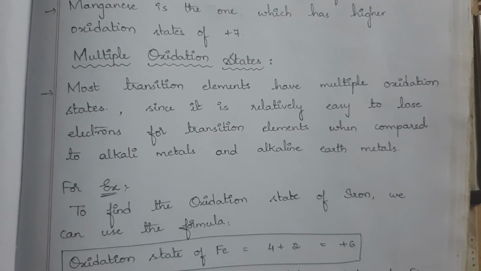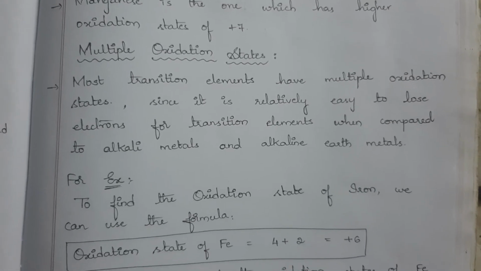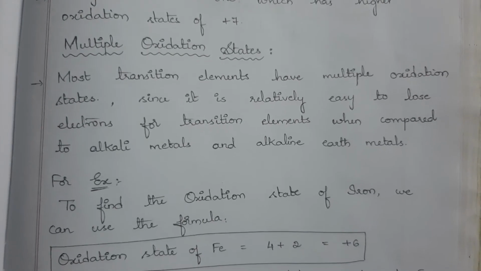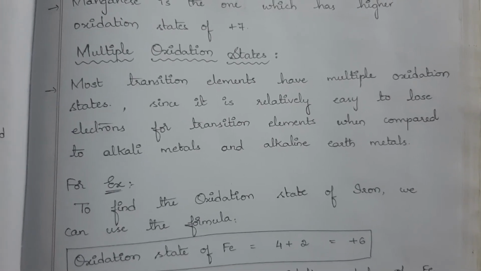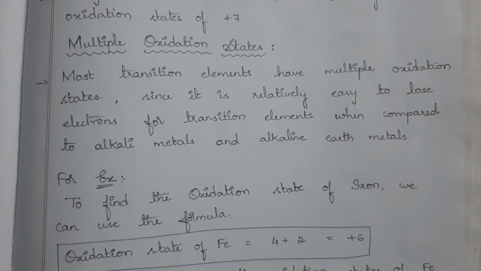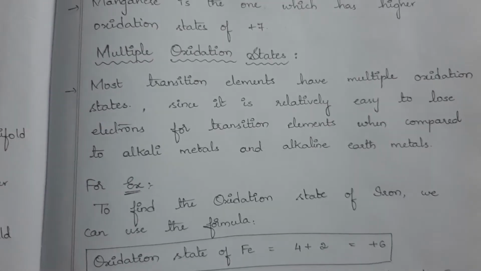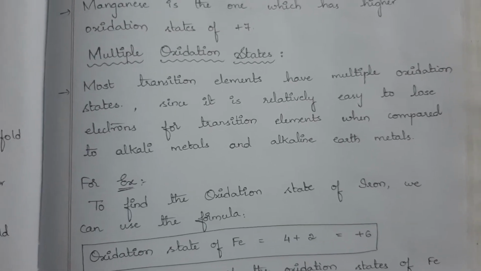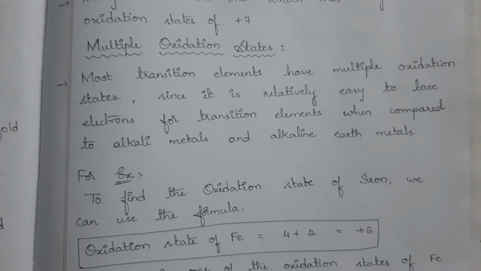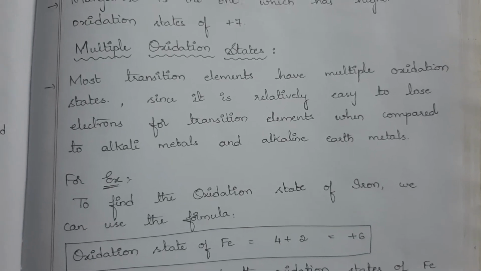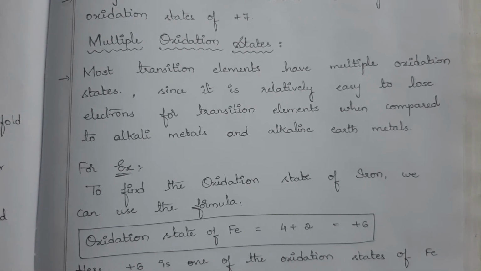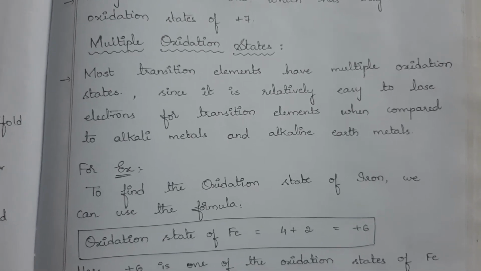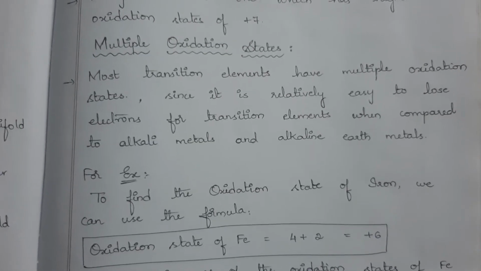Multiple oxidation states. Most transition elements have multiple oxidation states since it is relatively easy to lose electrons for transition elements when compared to the alkali metals and alkaline earth metals. Alkali metals have one electron in their valency s orbital and their oxidation state is almost always plus 1.